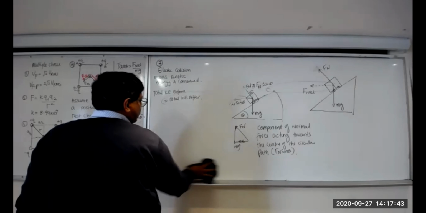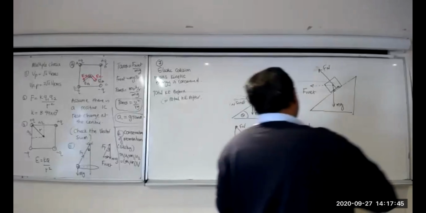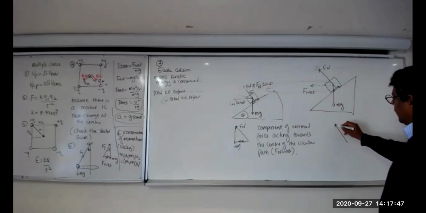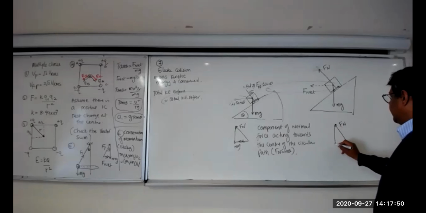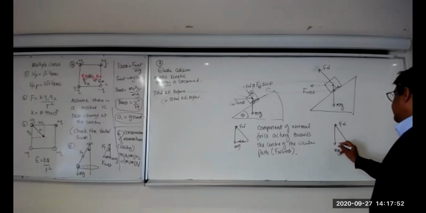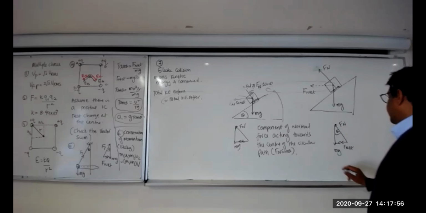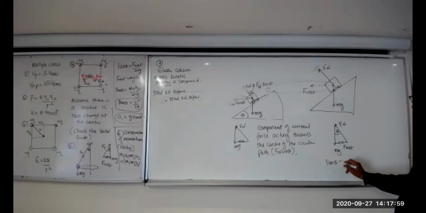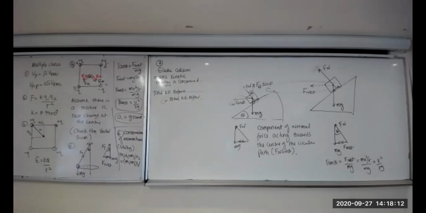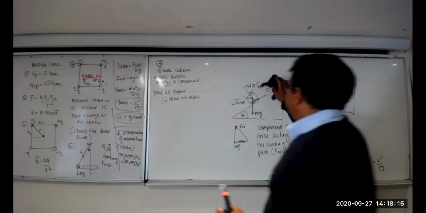If you want to derive that equation pretty quickly, the easiest way is to draw your normal force, mg, and that's your net force, which is mv squared on r, with angle theta. Then take tan theta, which is F net opposite over mg adjacent, replace that, and you get v squared on rg. That's for the angle. That's pretty quick.